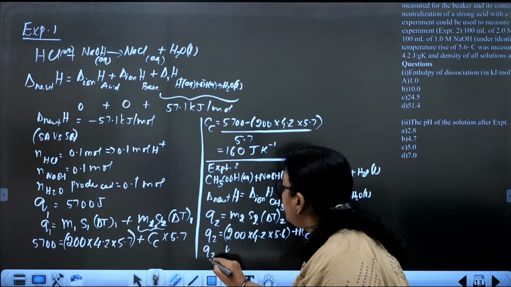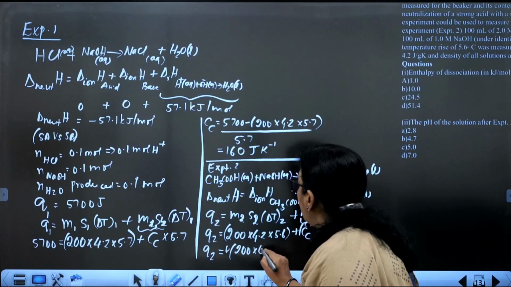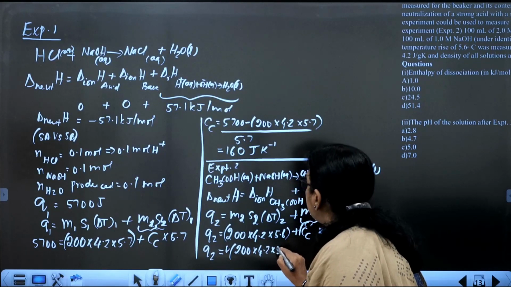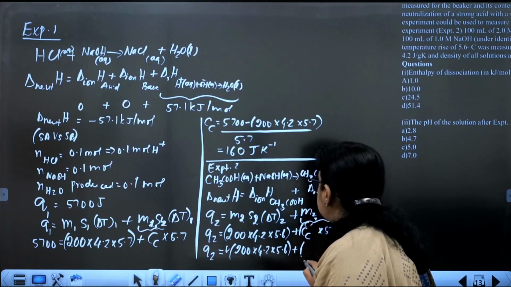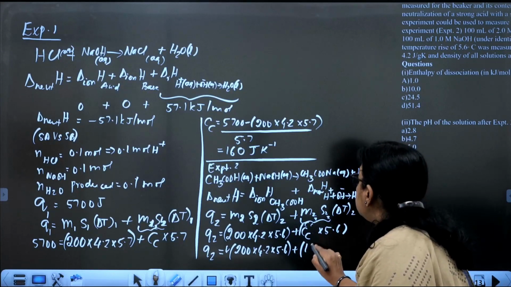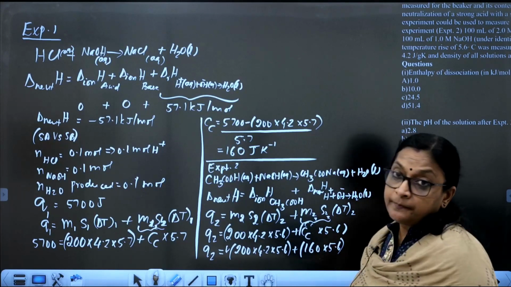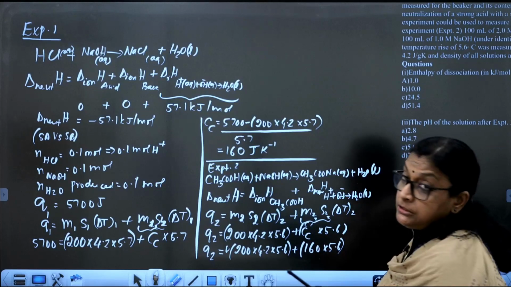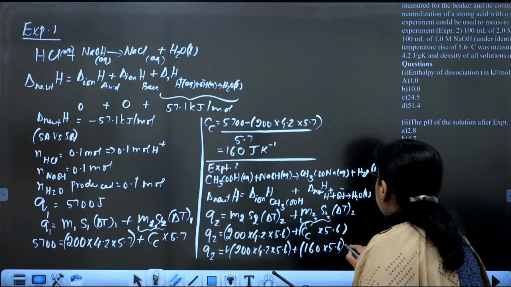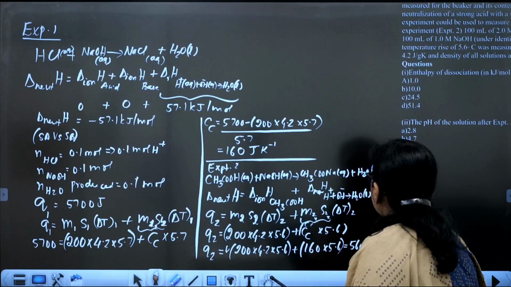So Q2 is equal to 200 into 4.2 into 5.6 plus the calorimetric constant value 160 into 5.6. And when you solve this, this comes out to be 5,600 joule.